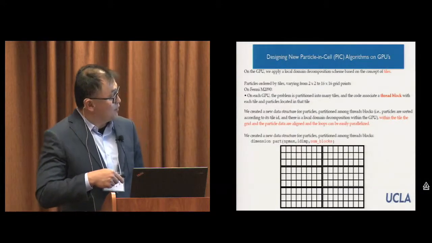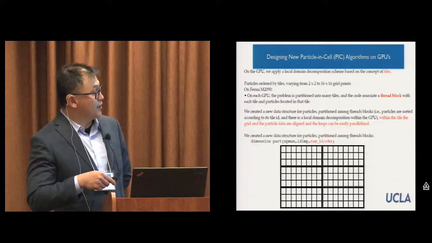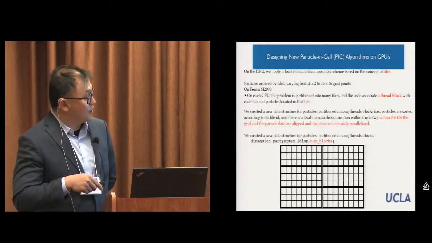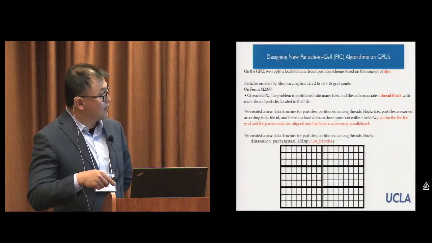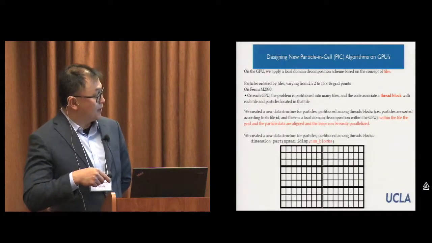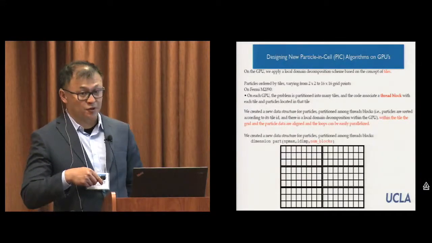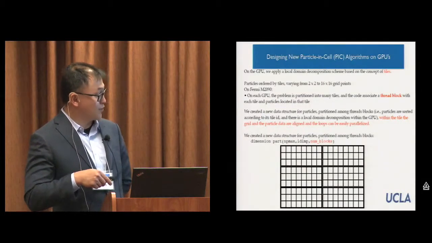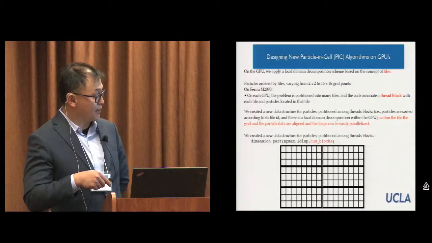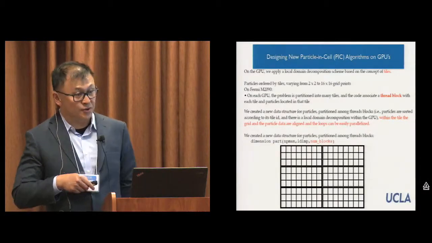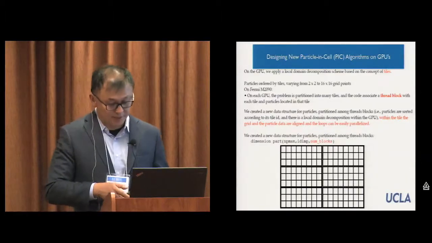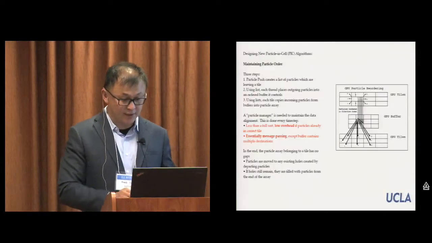On each GPU, we associate each thread block with each tile. Therefore, within the tile, the grid and particle data are aligned and can be easily parallelized. The only thing you have to do is change the data structure of your particle data to add an additional dimension, which is essentially the tile ID.